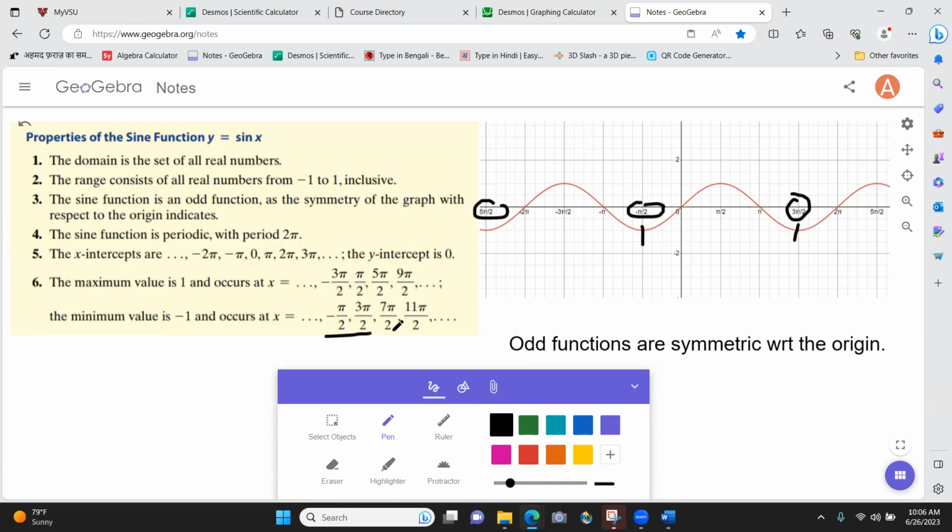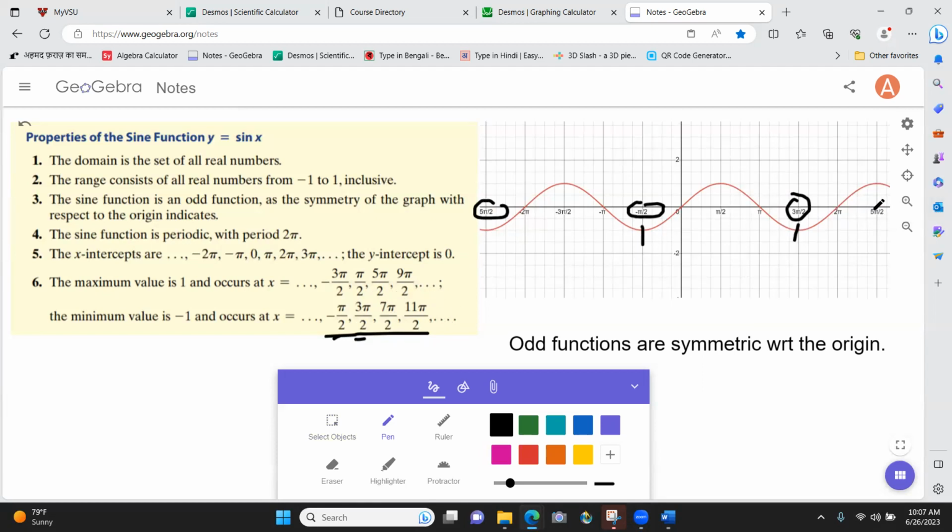And that's what these are. The minimum value for the sine function: negative pi over 2, positive 3 pi over 2, all those things are here. So these are all fine. They started with this, and then 3 pi over 2, then 7 pi over 2, then 11 pi over 2.